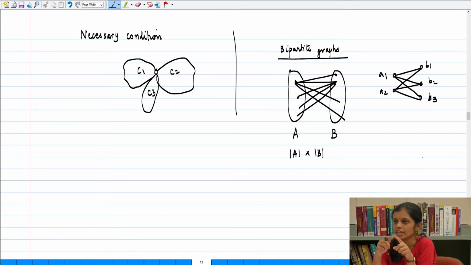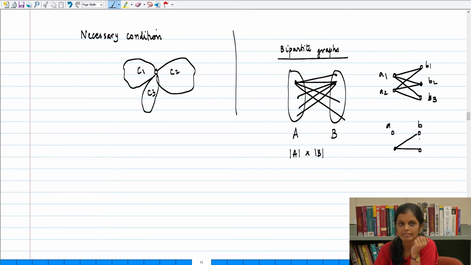So if there was a Hamiltonian cycle, how does it look? The vertices on that Hamiltonian cycle alternate: once it has an A vertex, the next vertex is a B vertex, followed by an A vertex. Why? Because once you are on the B side, you must go to the A side, right? So now what can you say about such a cycle?